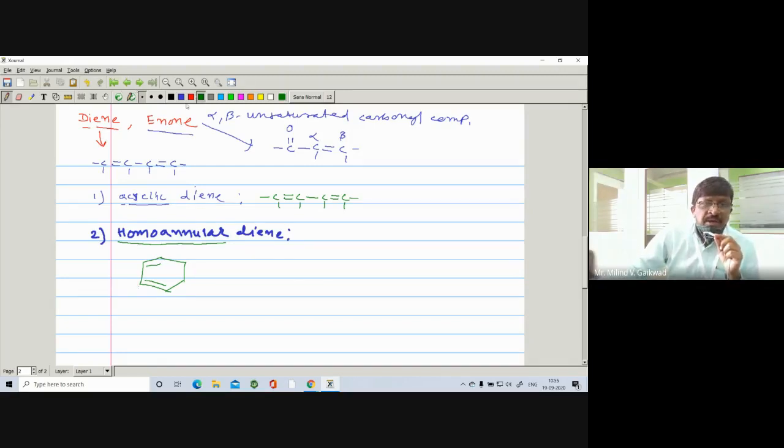So when two pi bonds are present in the same ring and are in conjugation, it is called a homoannular diene. Then the semi-cyclic diene. What do I mean by a semi-cyclic diene?